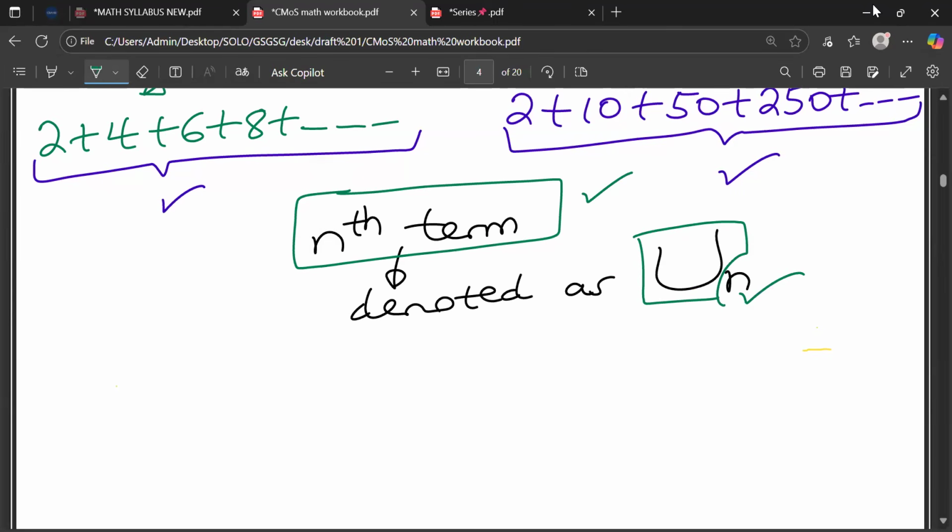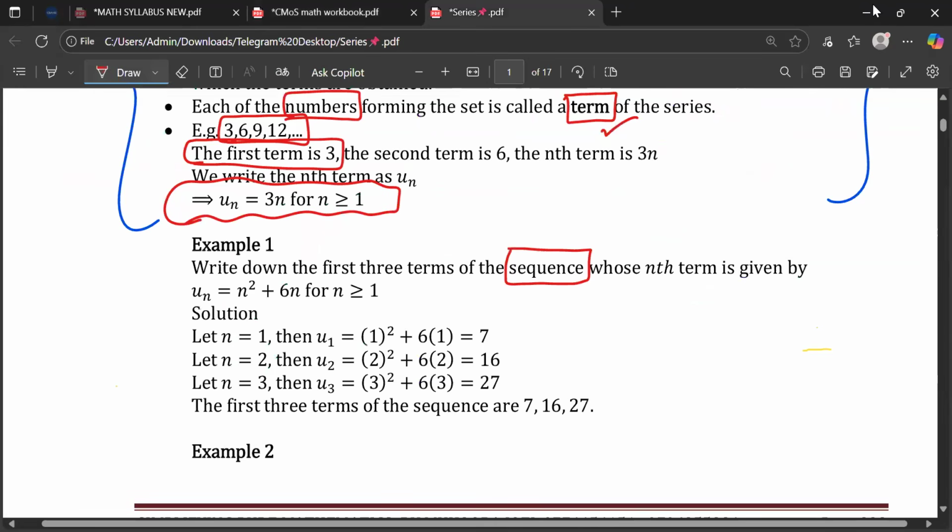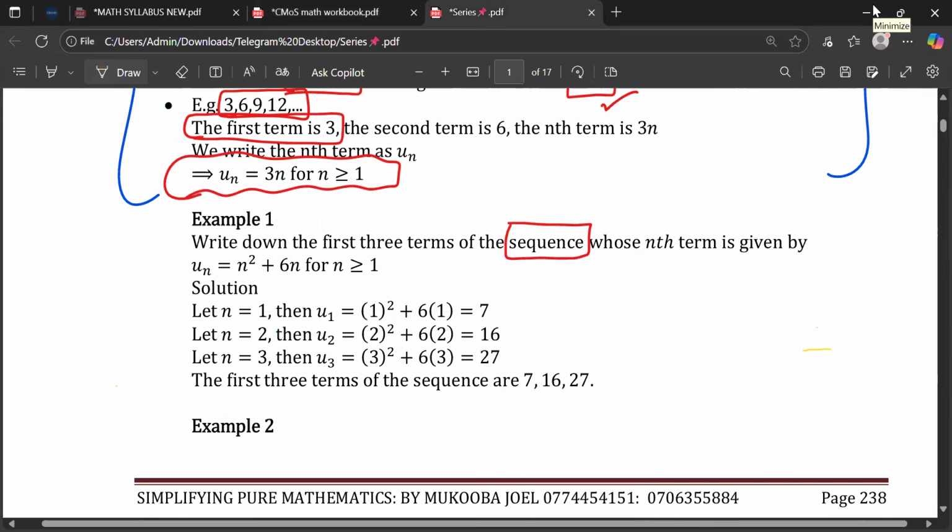So this U, assume it's like term, and then this n as the subscript is there to bring out the nth thing. So this calculation you're seeing here is weird, and I don't want to give you a hard time. It is obvious. They want you to form for them the first 3 terms when you're using this key expression and they are telling you n is greater than or equal to 1.